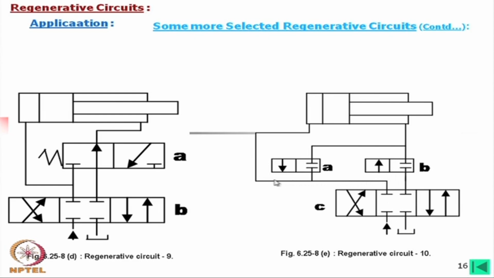Now, once this is connected, but this is closed and this is closed, then no operation, again no operations. But with this connection you can operate this. Suppose you have operated this one, then oil will go here and oil will try to go this side. In that case, oil will go this side and oil from here will return through this path.